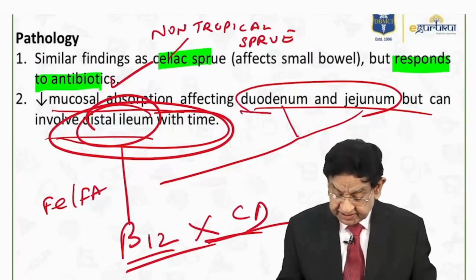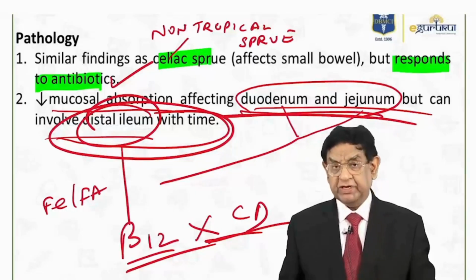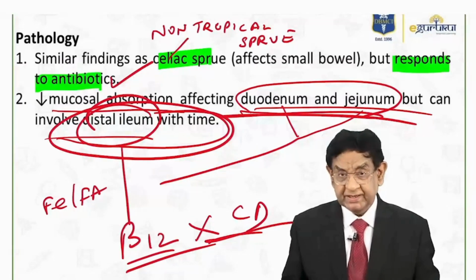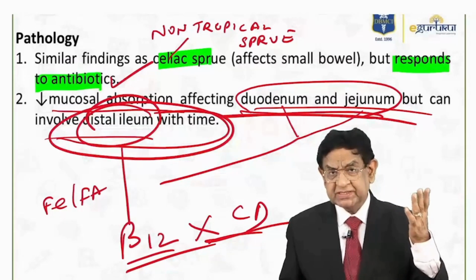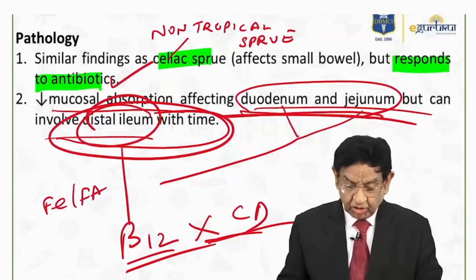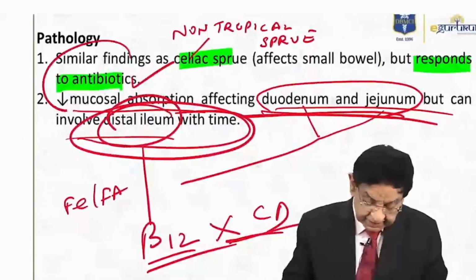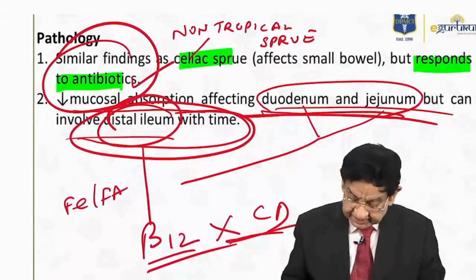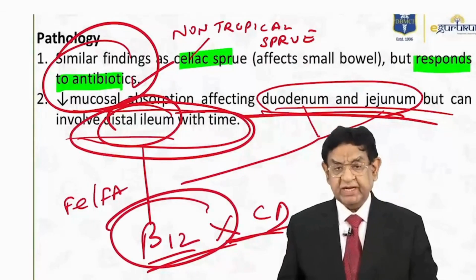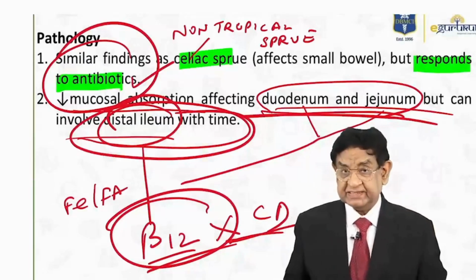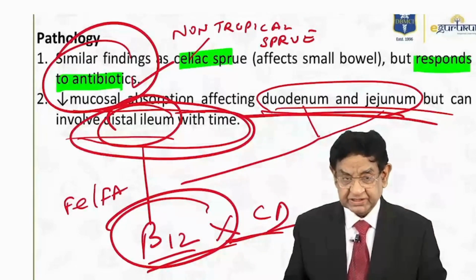Celiac disease is a disease of the jejunum and the duodenum. But here, the two extra things that we are getting in tropical sprue: number one, it responds to antibiotic, and the second keyword is that there can be B12 deficiency, but that occurs in the later stage of the disease, not in the early stage.